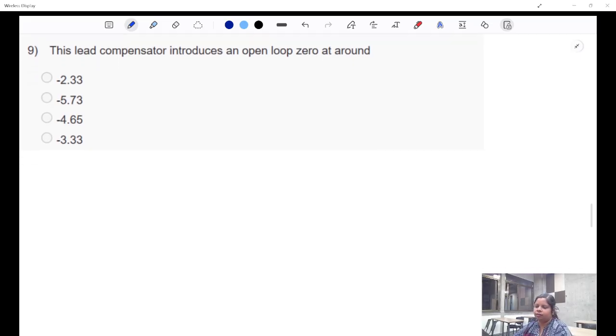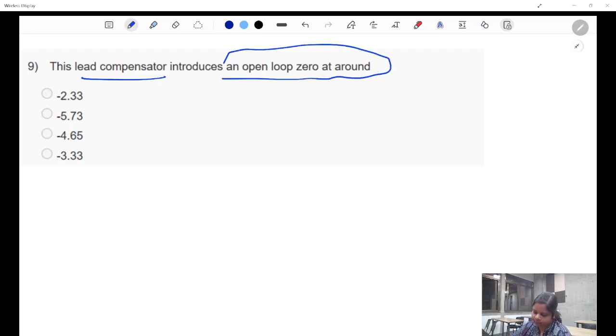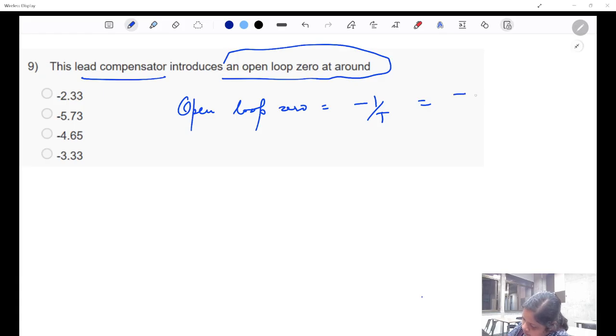After this, the lead compensator introduces an open loop zero at around what? The open loop zero is at minus 1 upon T, which with T equal to 0.215, which we already calculated, we get to be nearly minus 4.65.